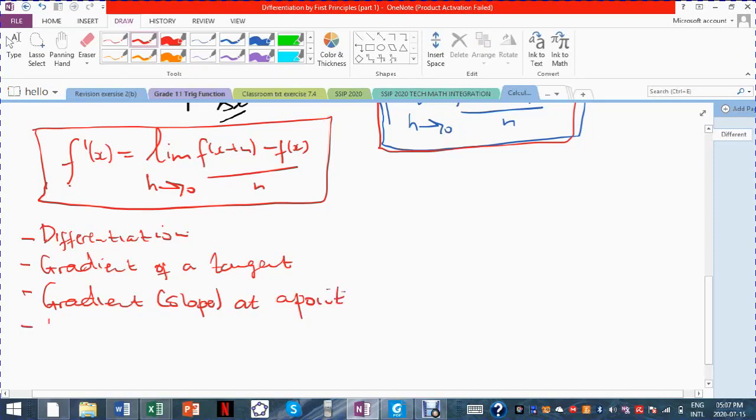Or we have what we call instantaneous rate of change. In calculus, all of these will be used interchangeably. So instantaneous just means instant, so we want a gradient at that point, not between 2 points, but at that point, which is the same as gradient at a point. Tangent, we know, is a straight line that cuts the graph, a curve, at one point. So differentiation simply means gradient at a point.